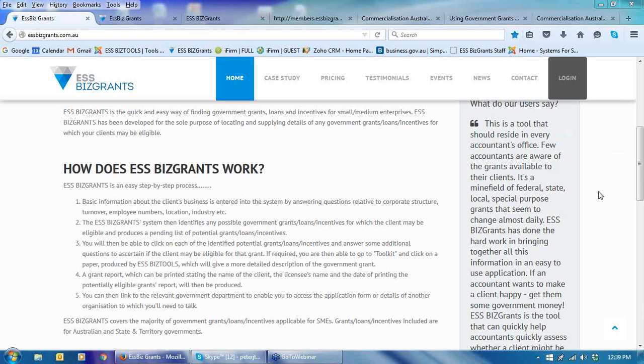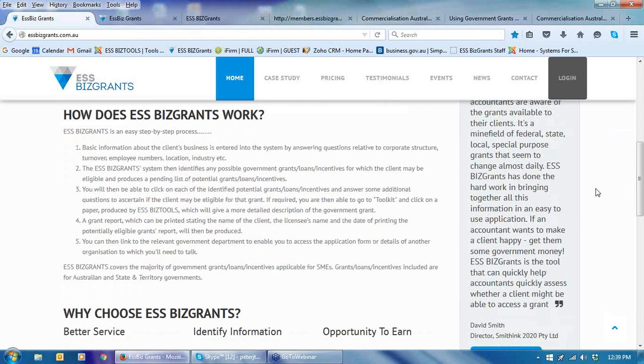And David was quite concerned when he did the due diligence reviews for one of the accountancy aggregators, that when he discussed the accountant's services with their clients, which he was required to do, one of the most frequent areas of complaint he received from SMEs was that their accountants were not keeping them aware of government grants.